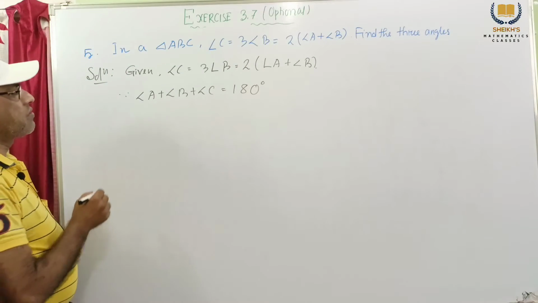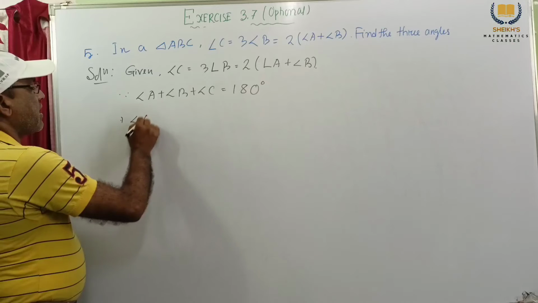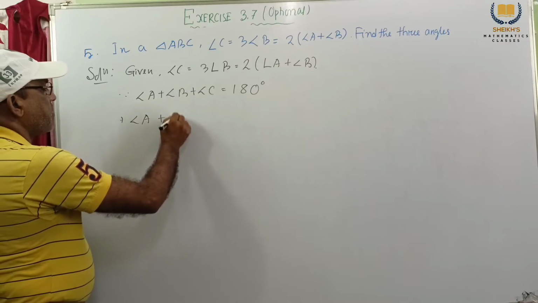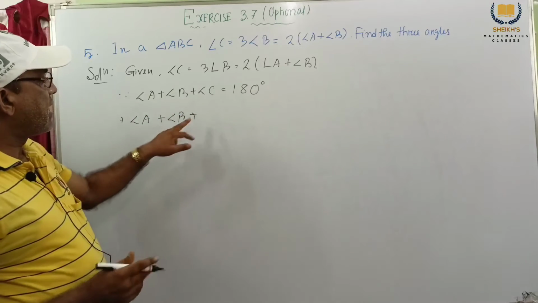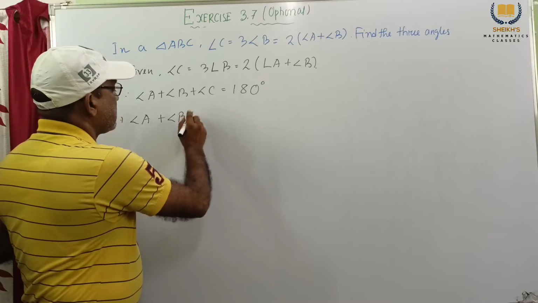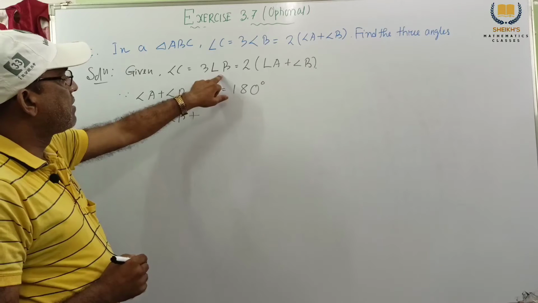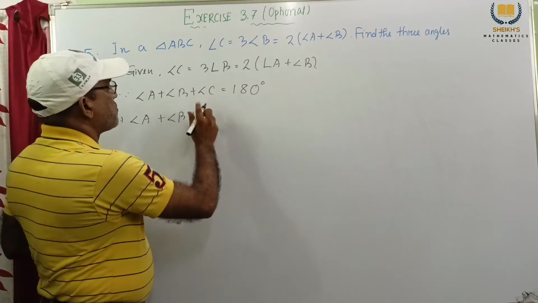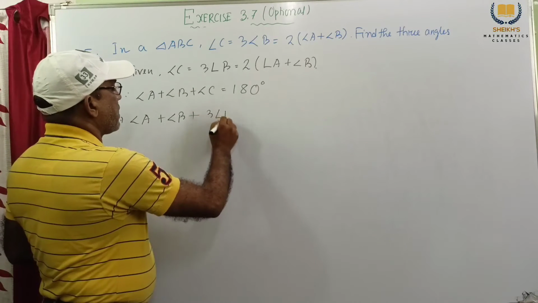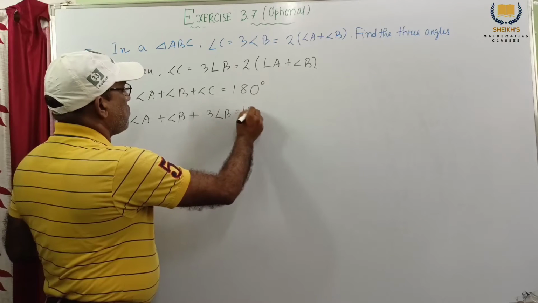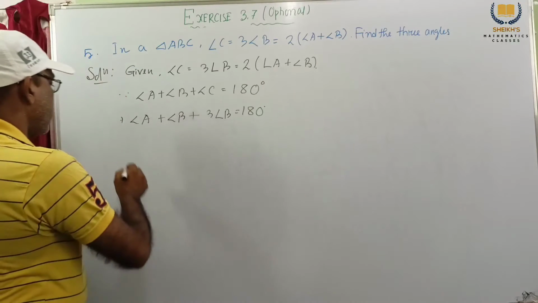Now angle A plus angle B, we put angle C equal to 3 times of angle B. Putting the value of C, this is 3 times of angle B equal to 180.